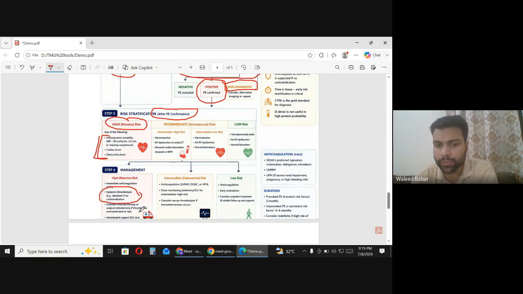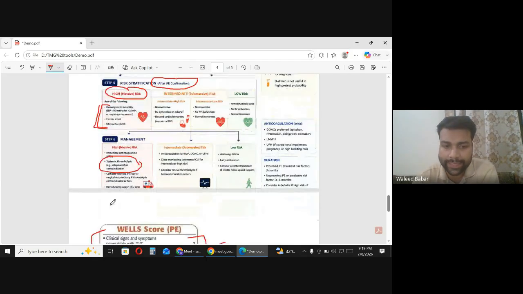If systemic thrombolysis is contraindicated, for example, if the patient has systolic BP greater than 180, recent neurological surgery, or GI bleed, then we will perform catheter-directed therapy or surgical embolectomy.